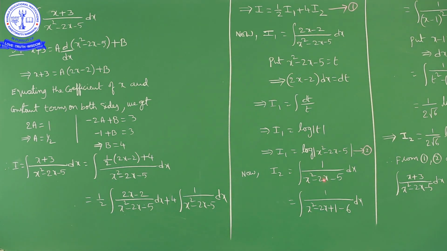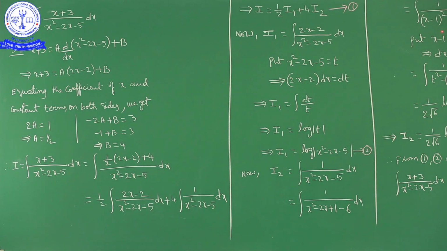So for x square minus 2x, to make it a perfect square, I will add 1 and subtract 1. So x square minus 2x plus 1 minus 6. Now x square minus 2x plus 1 we can write as x minus 1 whole square, and minus 6 I will write as minus root 6 whole square. So this becomes integral 1 upon x minus 1 whole square minus root 6 whole square dx.